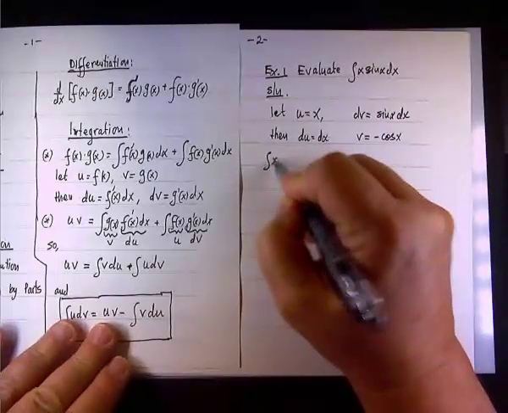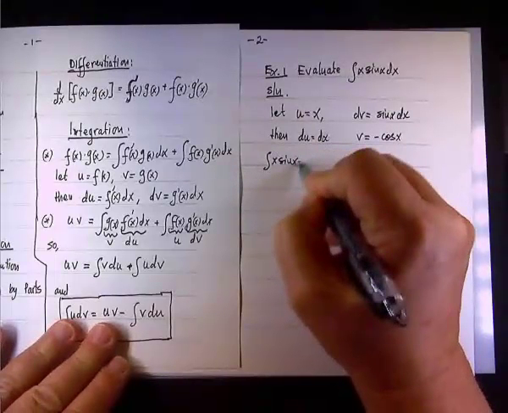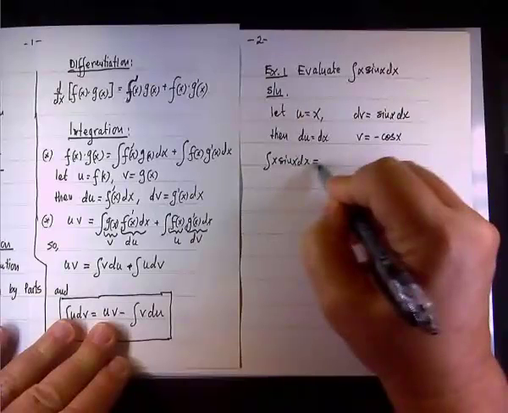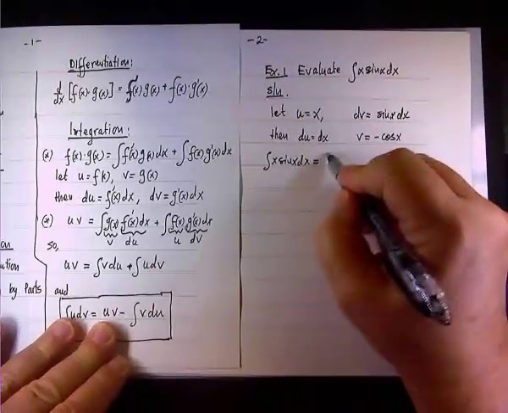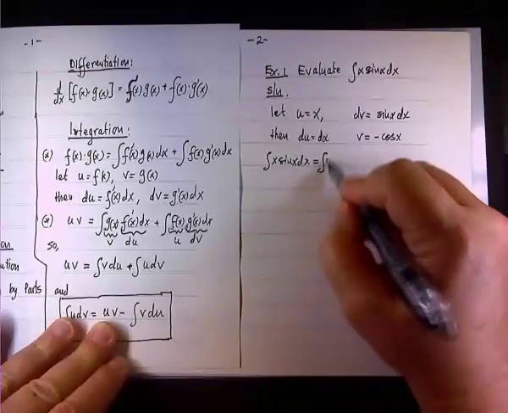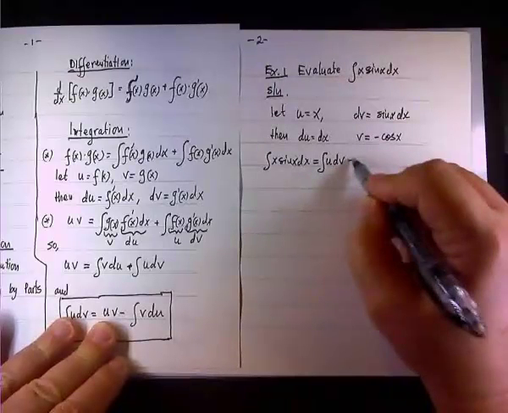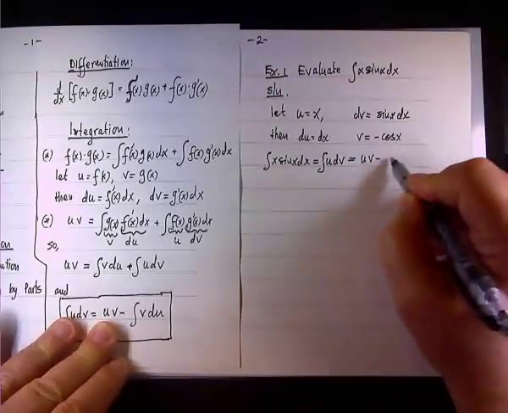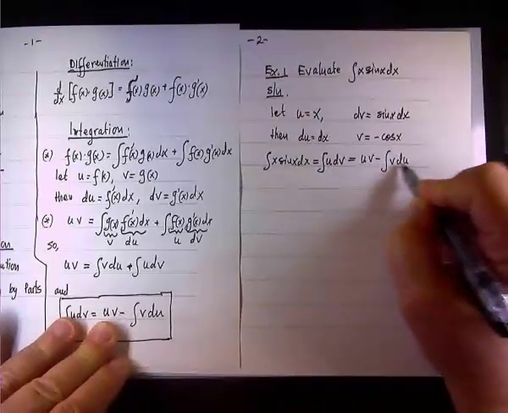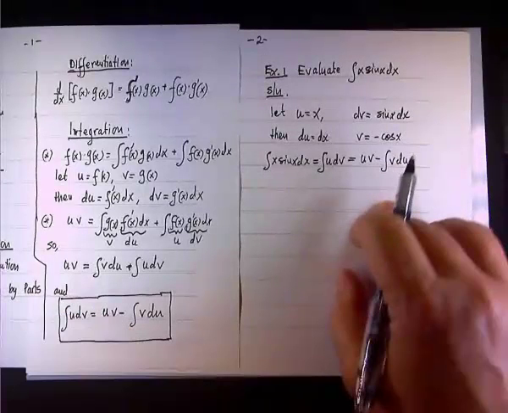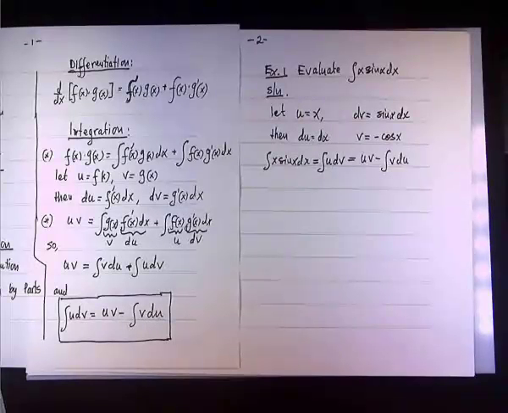I'm going back to what I have here, and I'm going to say that now the integral of x sine x dx in the new dress, after this substitution, will be the integral of u dv. And the result will be uv minus the integral of v du. I'm going to repeat writing this form because it's one of the techniques that help you remember.